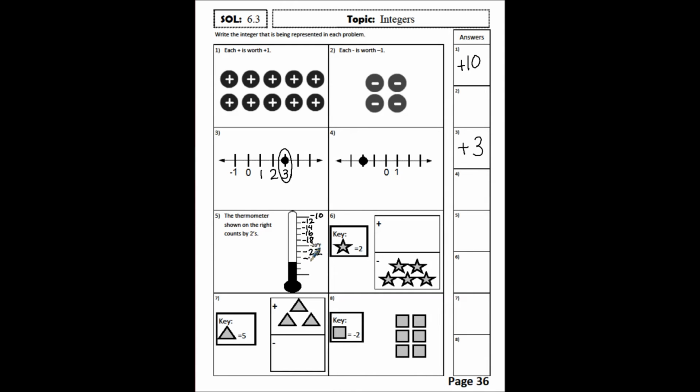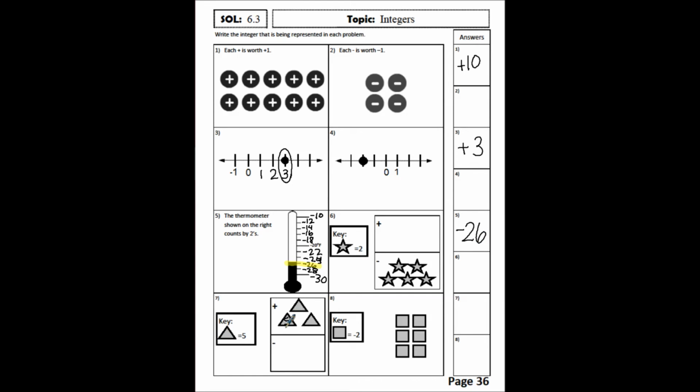It's going to be 22 below freezing, 24 below freezing, 26 below freezing, 28 below freezing, and then 30 below freezing. And if we highlight the level that we're at, we see that the thermometer is going to read negative 26 degrees.